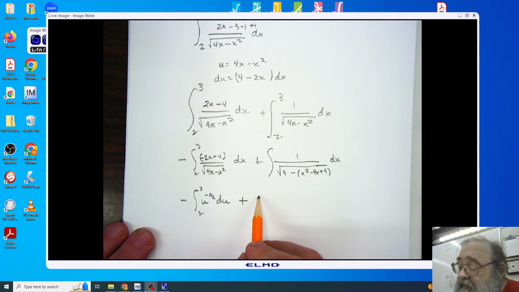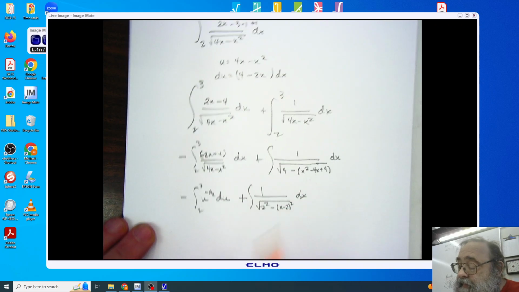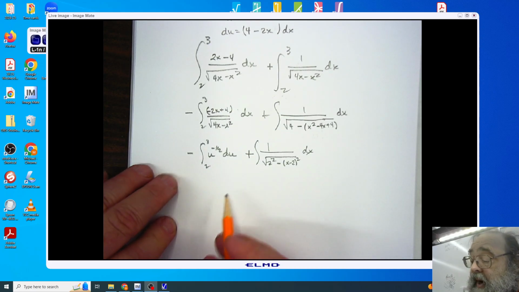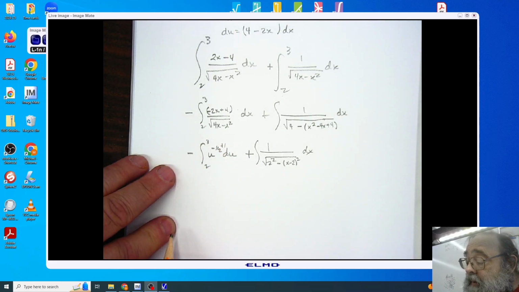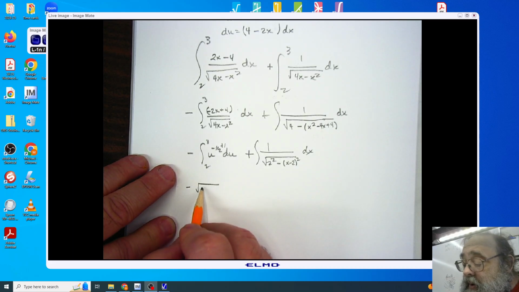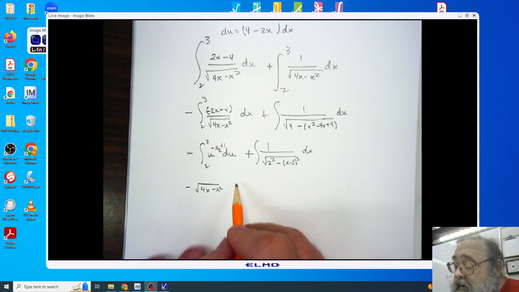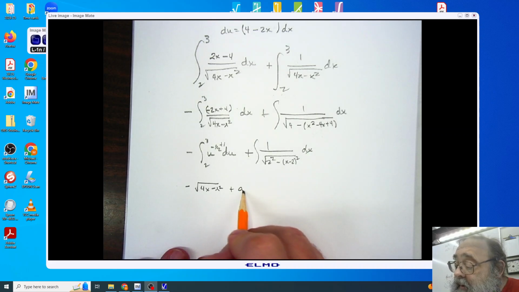And this is going to give me 1 over the square root of 2 squared minus the quantity x minus 2 squared dx. I can now go to my u sub first, so that's going to add 1 to the power, that's going to give me 1/2, and I end up with a negative square root of 4x minus x squared, and for this one, I have plus. And we're now working with the arc sine.